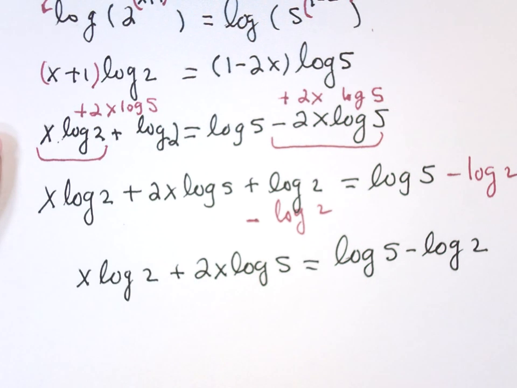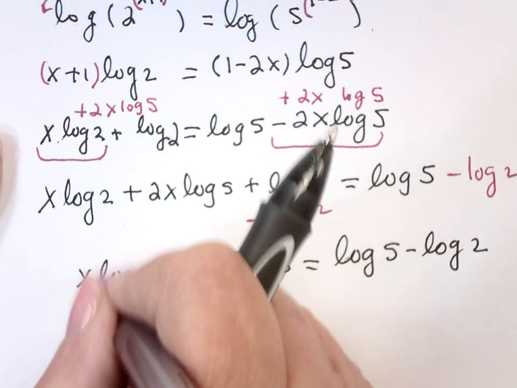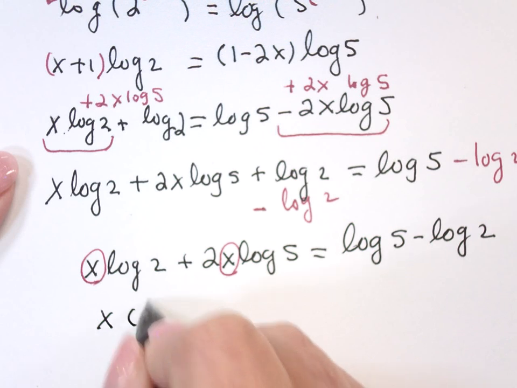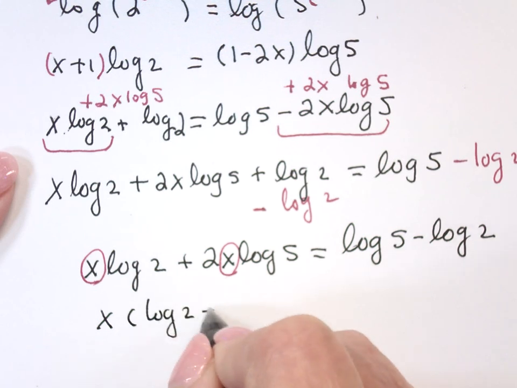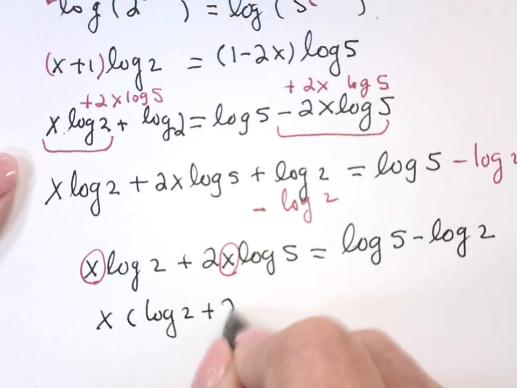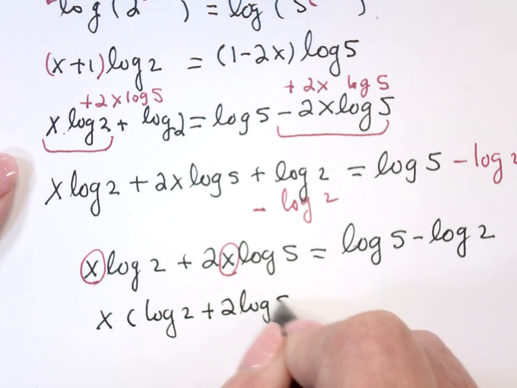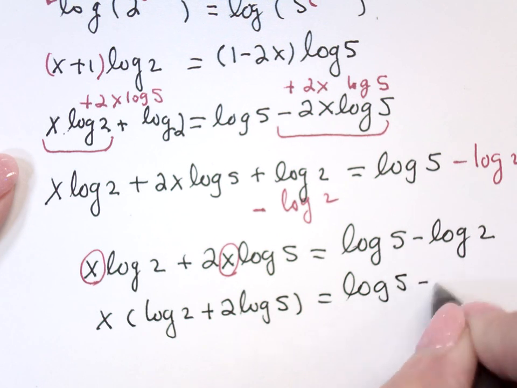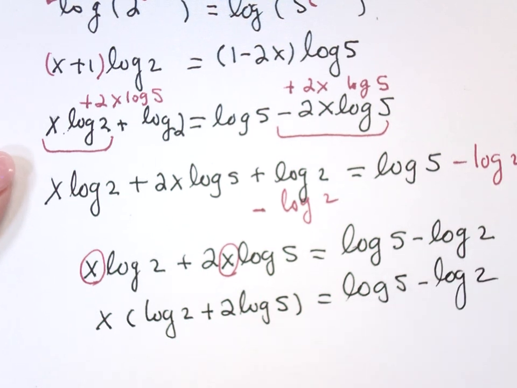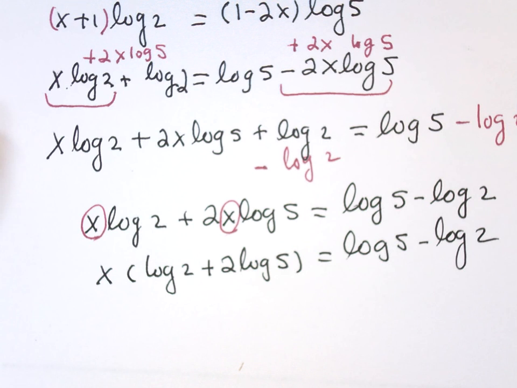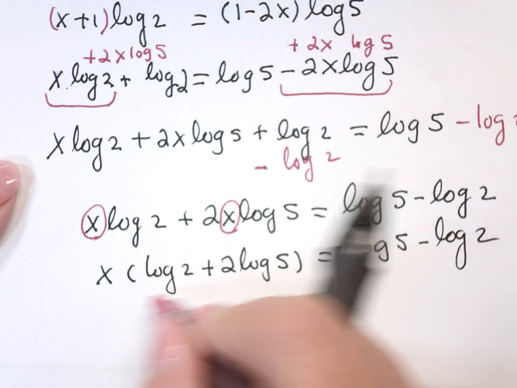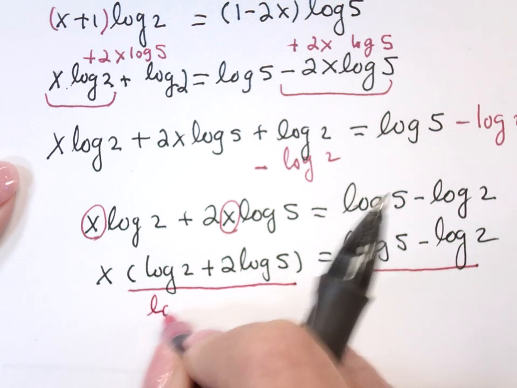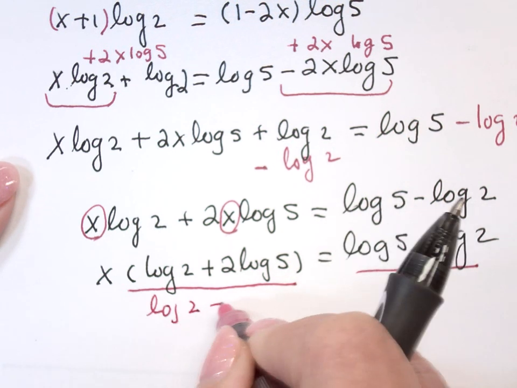What you notice is I have a greatest common factor of x. So x times log of 2 plus 2 log 5 equals log of 5 subtract log of 2. And like with anything else, you want to get x by itself. So you're going to divide both sides by log of 2 plus 2 log 5.